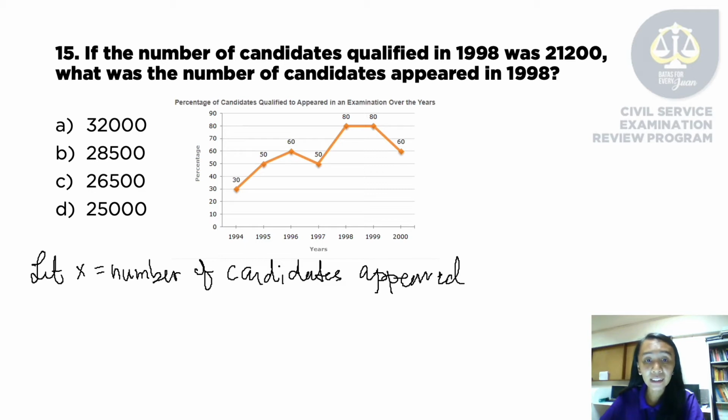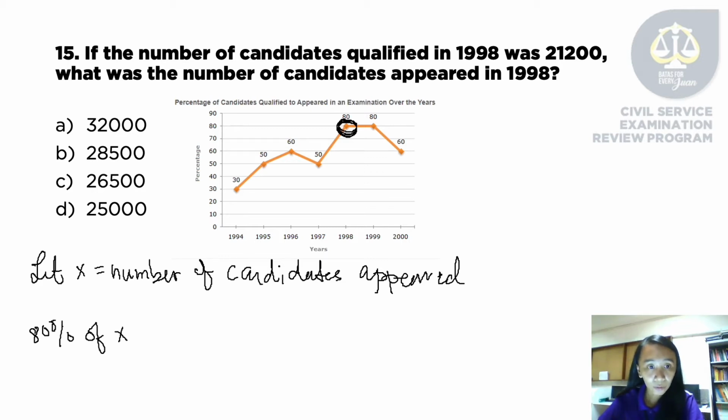And as we can see, the percentage of those who passed in 1998 is 80. So what is this 80%? Since we have the number of qualified candidates, we will get the 80% of the candidates who appeared on the exam date in 1998. So that would be 80% of your X.